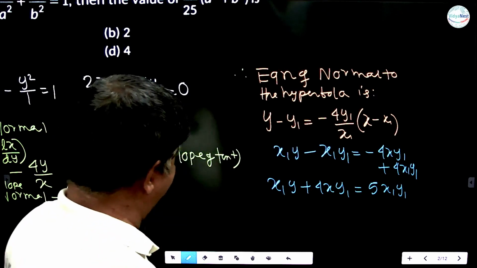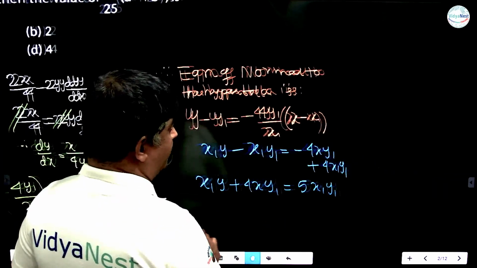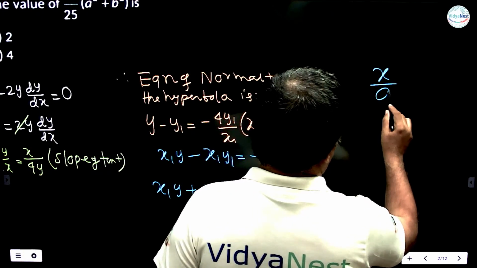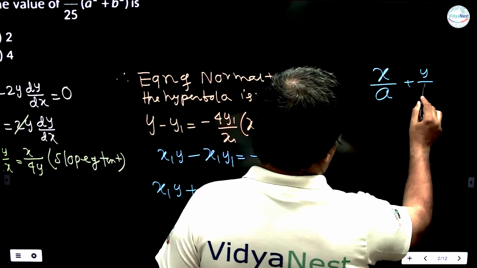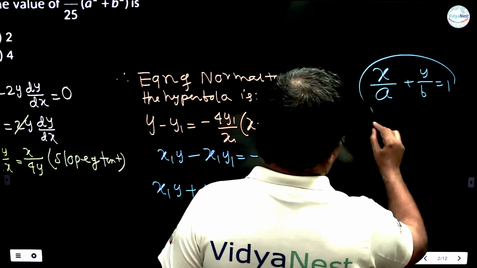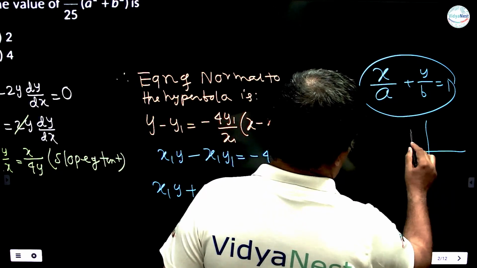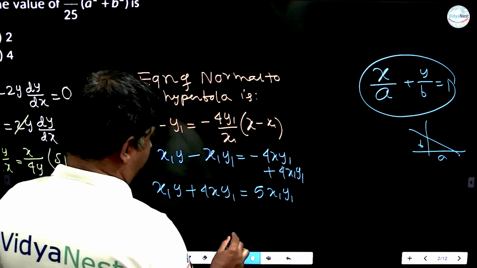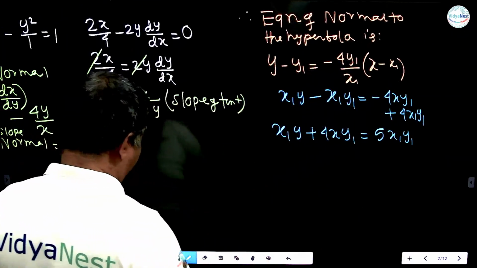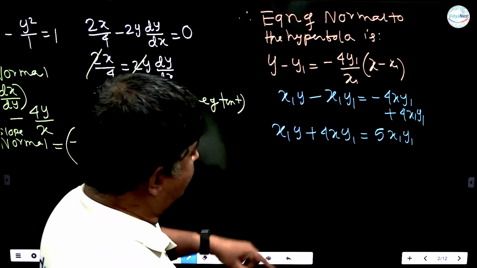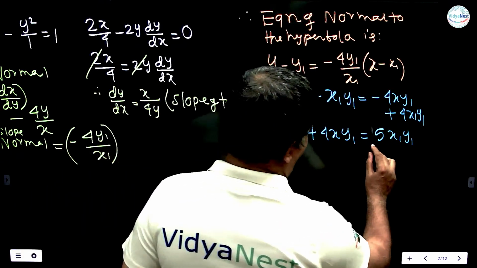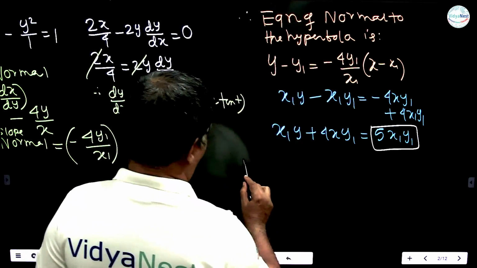Now, in straight lines, you were taught that any equation can be expressed in intercept form, x by a plus y by b equals 1. This is a, this is b. So I can express it in intercept form by dividing both sides by this.